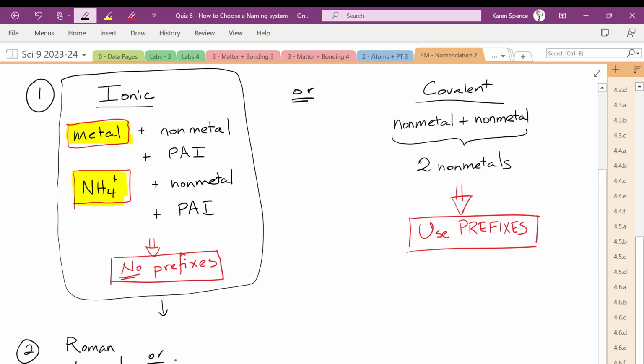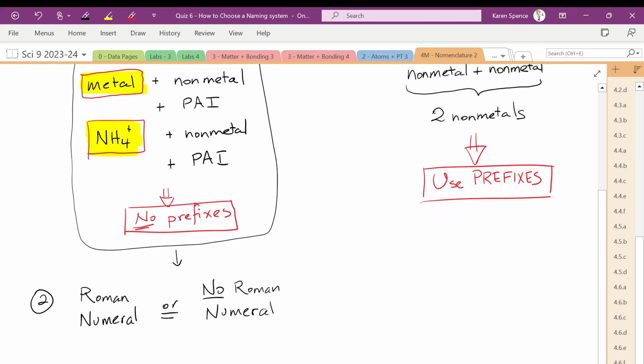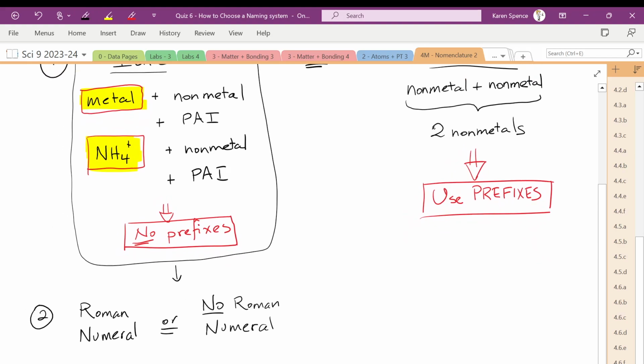Or does it need no Roman numeral? How can you tell? Tell your partner, how do you know if you need to use a Roman numeral?